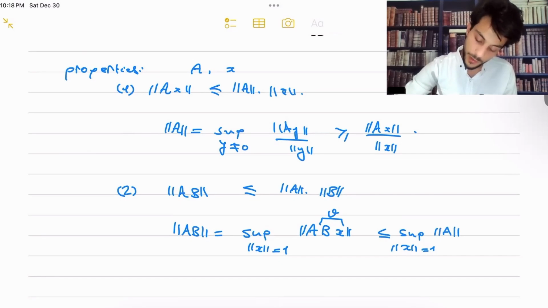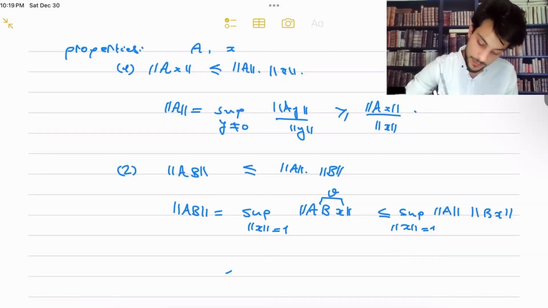We're applying property 1 to A and v. So the norm of Av will be less than the norm of A times the norm of v, but v is here Bx. And we apply the property again, and we have that this is less than the norm of A times the norm of B times the norm of x.